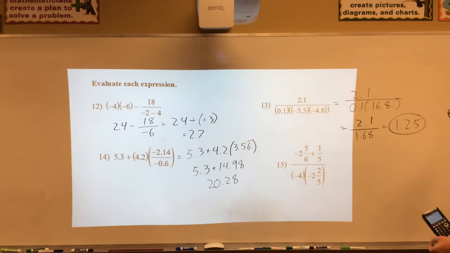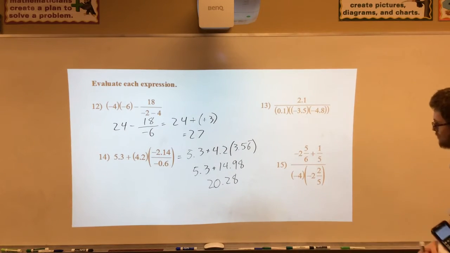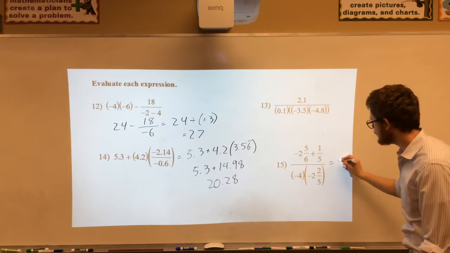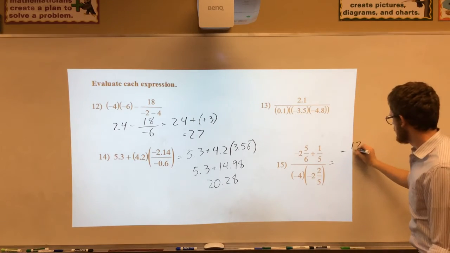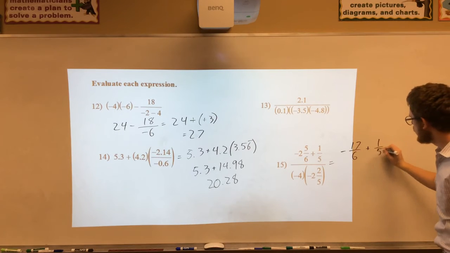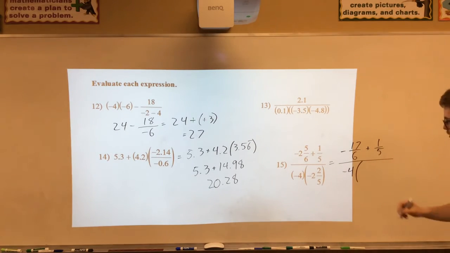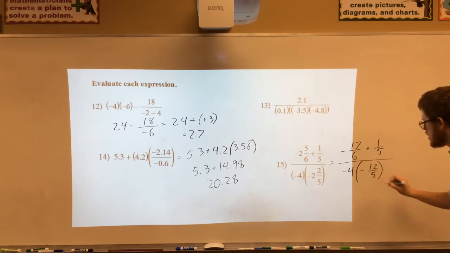Finally, on number 15, I'll erase this to get it out of the way. I would change all my mixed numbers to be improper fractions. So we have a negative 17 over 6 plus 1/5 divided by negative 4 times negative 12/5.